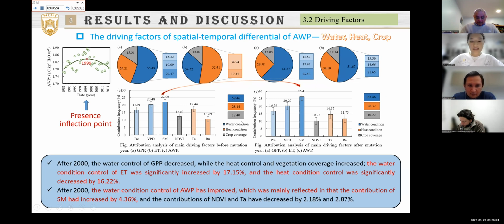The results show that the main difference was that the water condition control of evapotranspiration significantly increased by 17%, and the heat condition control significantly decreased by 16%, which further improved the water condition control of AWP, specifically manifested in the contribution of soil moisture increasing by 4.4%.